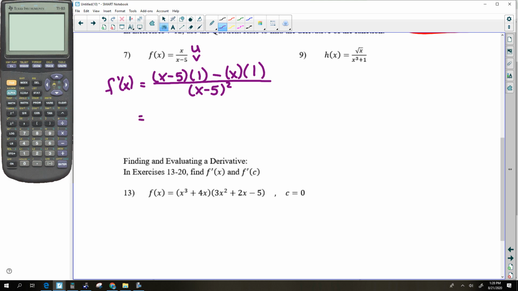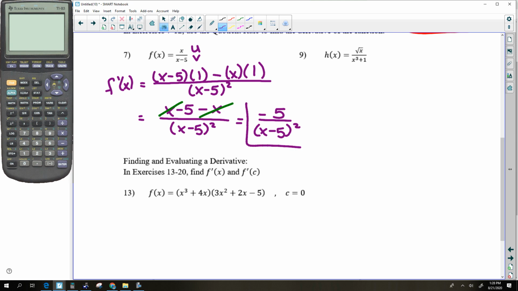All right, so this is what? x minus 5 minus x, all over x minus 5 squared. And thus this is negative 5 over x minus 5 squared, something like that.